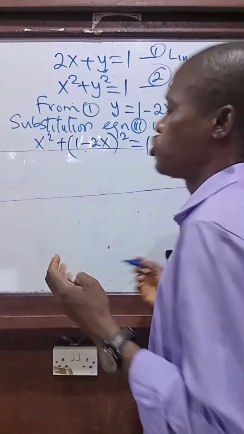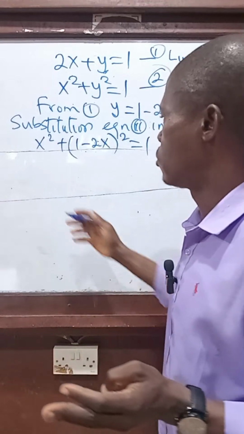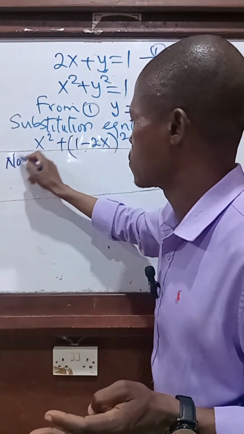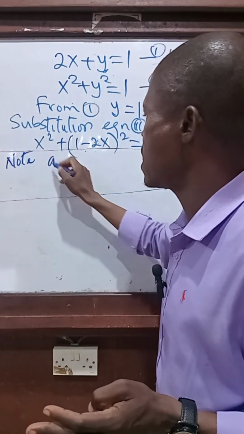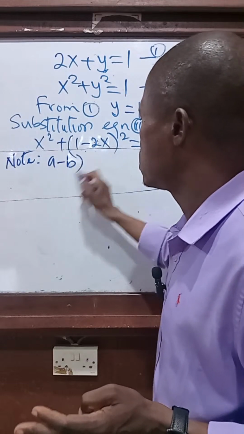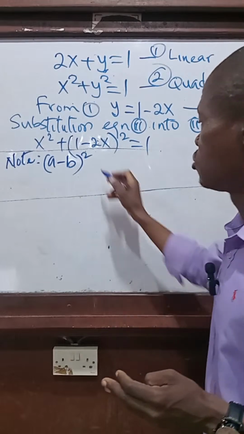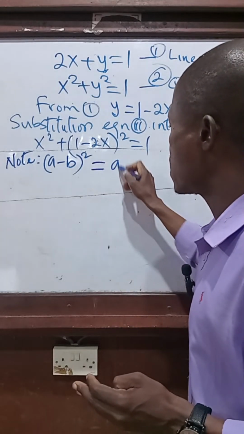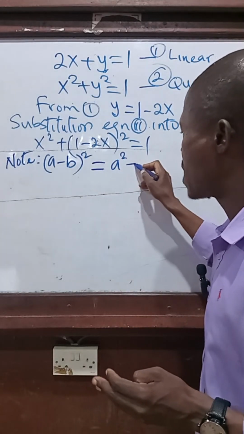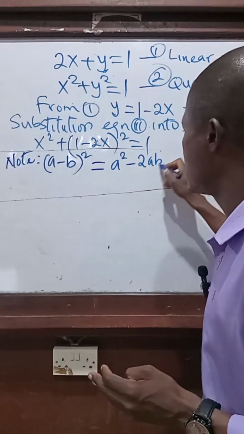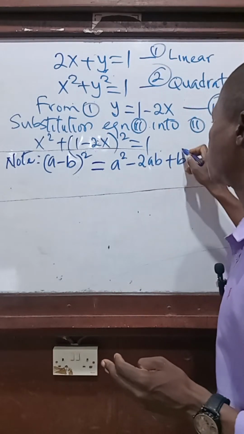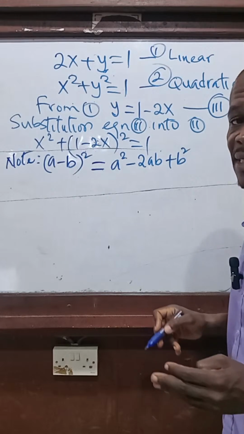Then the next thing to do, I want to note, when you have (a minus b) squared, I want to use that. It's going to give you a squared minus 2ab plus b squared.